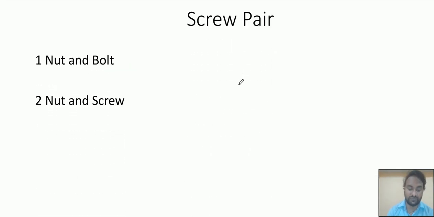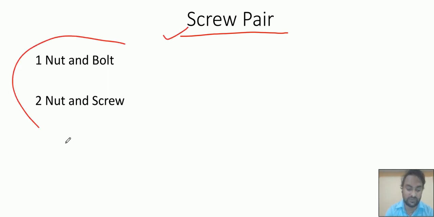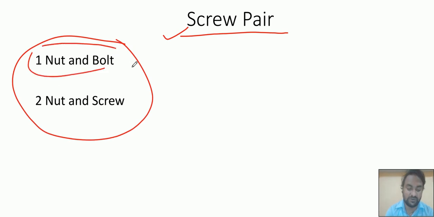So what we are going to study today belongs to temporary joints. First one is the screw pair. There are two types of screw pair. The first one is nut and bolt, and the second one is nut and screw.